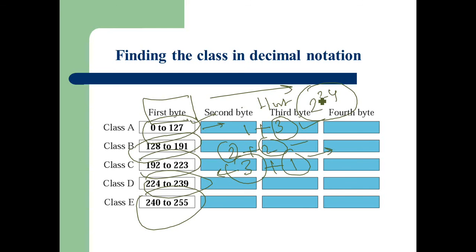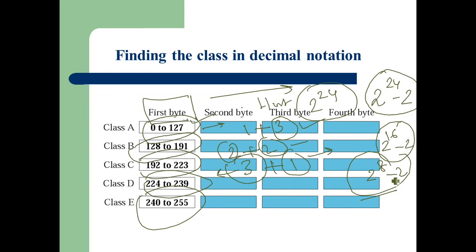And that is why we always miss 2 addresses when we calculate IP addresses. So a single normal classful class A network should have 2 to the power 24 minus 2 hosts. In class B, it has to be 2 to the power 16 minus 2. In class C, it has to be 2 to the power 8 minus 2.